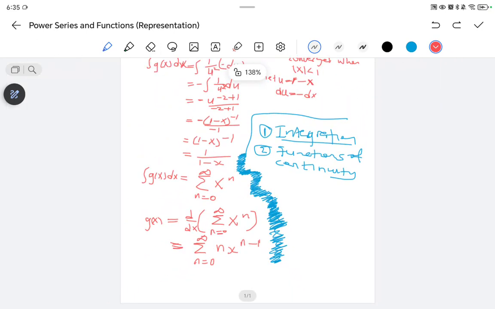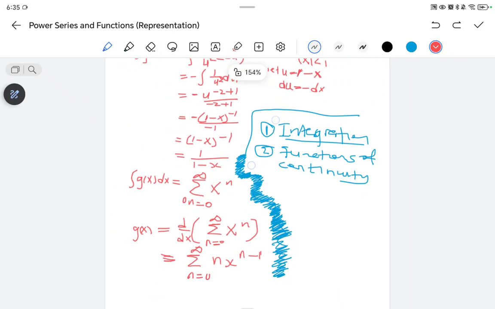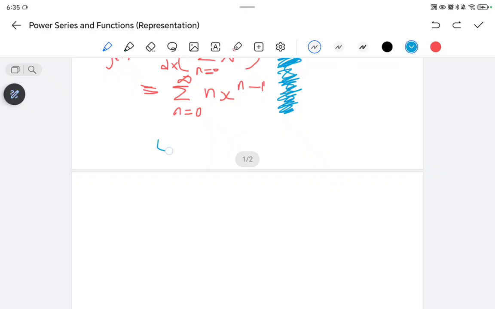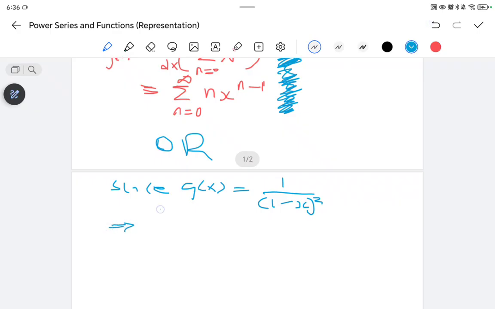Now we can say another way to write it. Since g of x is equal to 1 over 1 minus x squared, this would imply that 1 over 1 minus x squared will be equal to the derivative of 1 over 1 minus x.